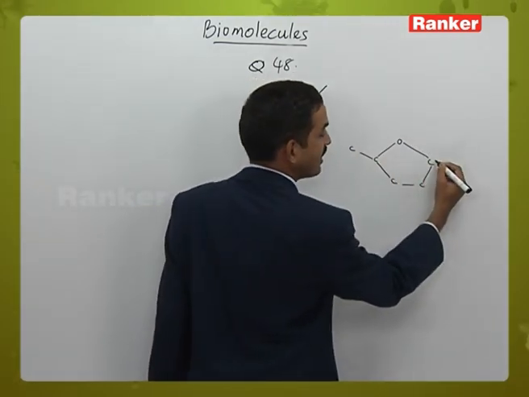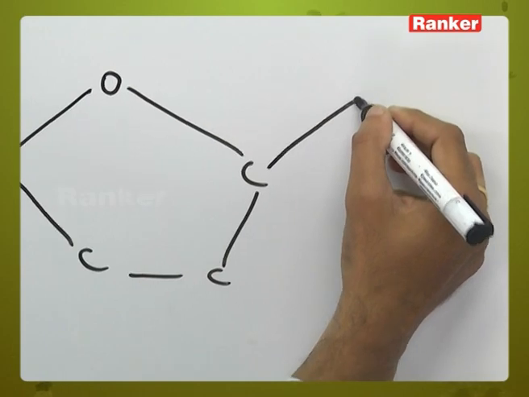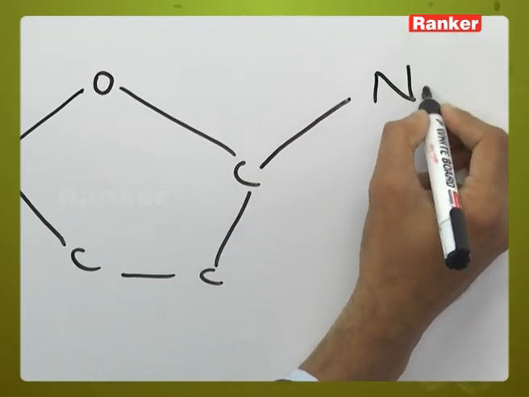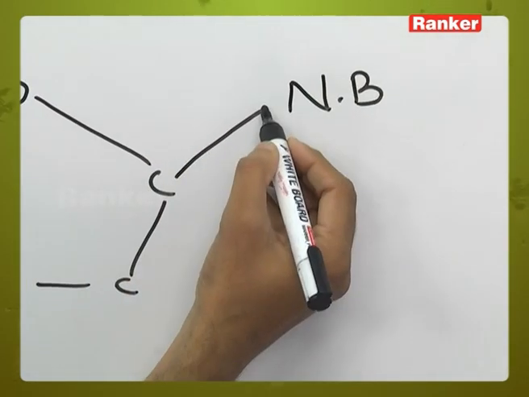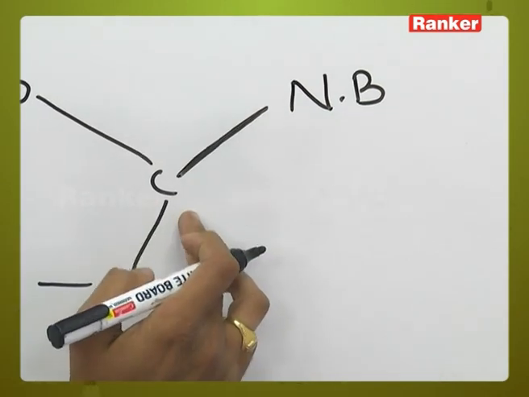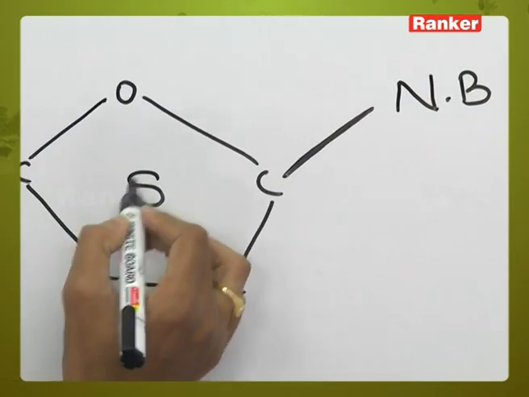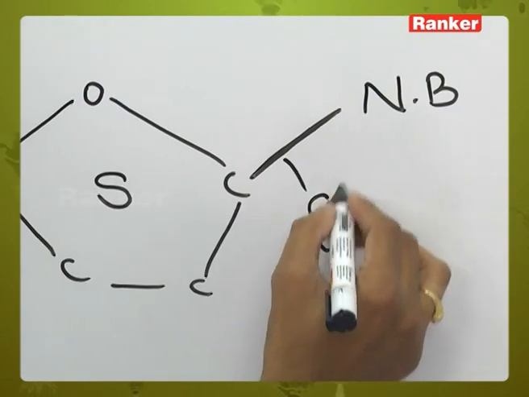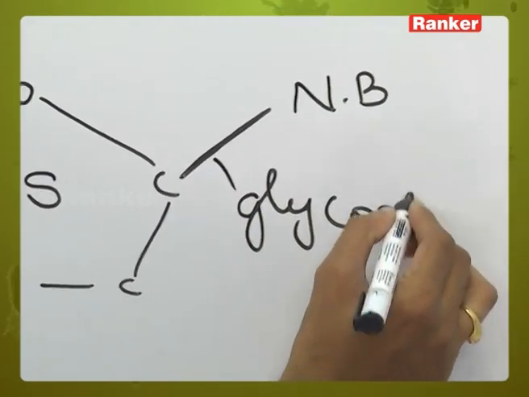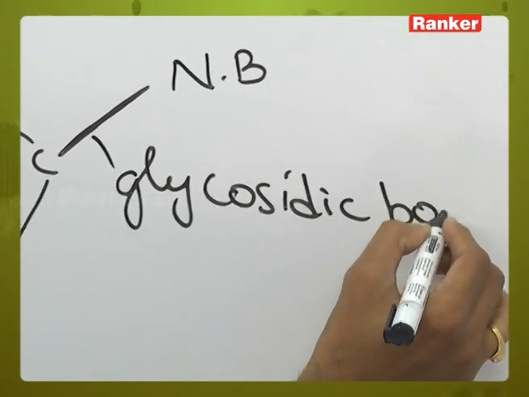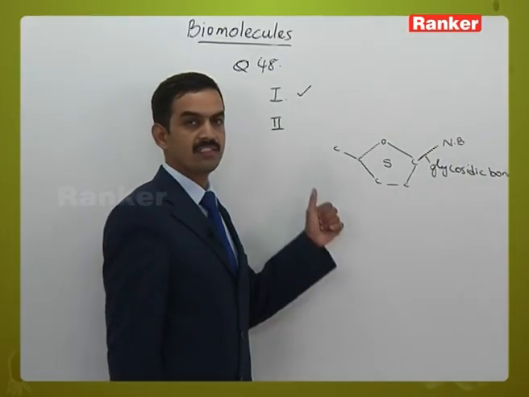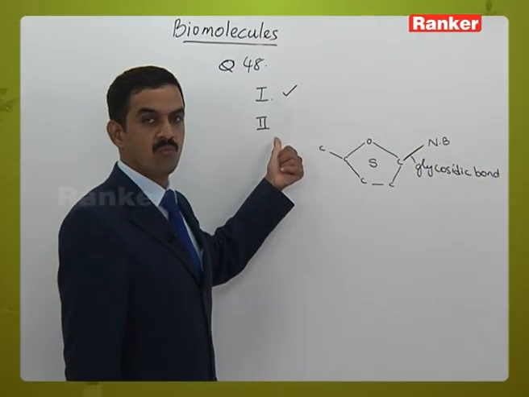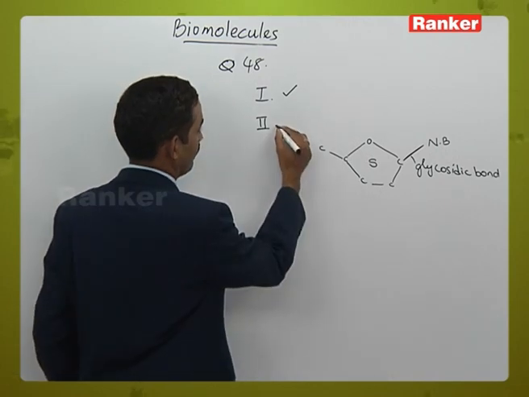We are mainly concerned with the first carbon of pentose sugar is bound to a nitrogen base, and the bond which is present between the first carbon of the pentose sugar and the nitrogen base is a glycosidic bond. That means the second one is also correct.